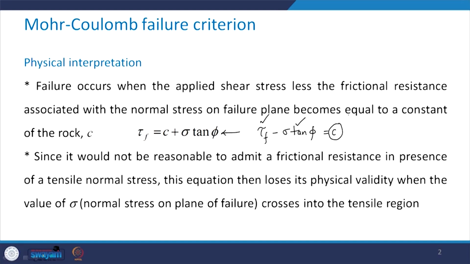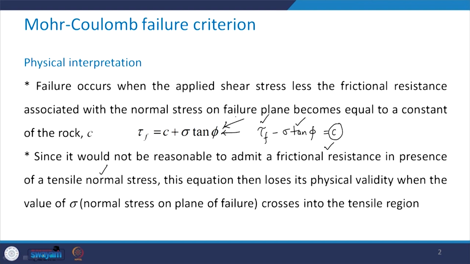Since it would not be reasonable to admit a frictional resistance in the presence of tensile normal stress, this equation loses its physical validity when the value of sigma, which is the normal stress on the plane of failure, goes into the tensile region.